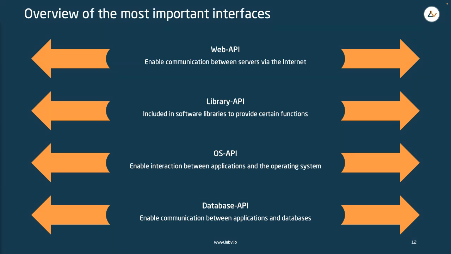Out of the four main categories, these APIs enable communication between different servers using the internet. Web APIs often use protocols such as HTTP or HTTPS, which you may know from browsing the internet and surfing online. You always see in the URL bar there is an HTTP before any URL.